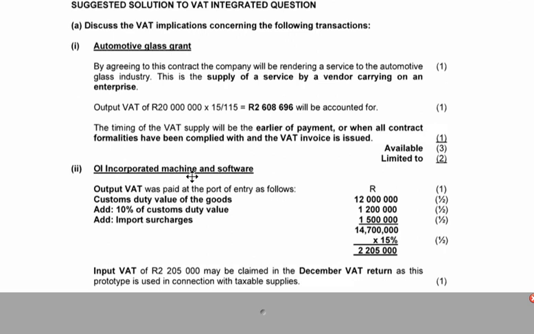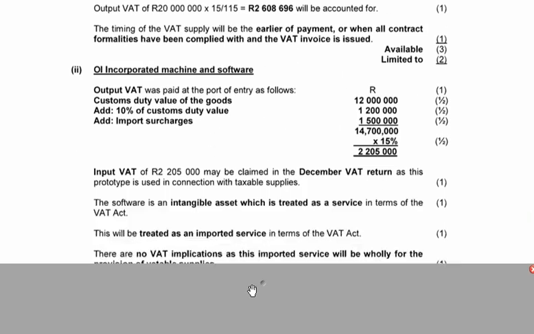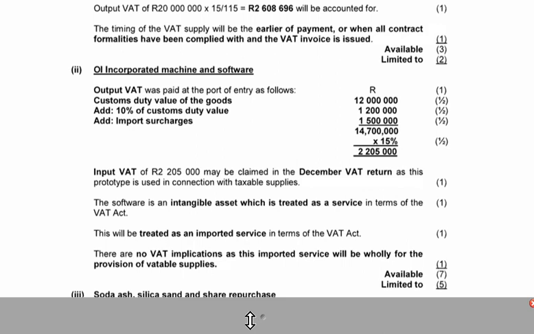The service is being imported, and because it's a fully VATable service, we would have paid output, we would have been able to claim the input, ending up in a net null position. We don't even need to do anything with SARS. There's no transaction to take place. So there would be the 3 marks that are available for the service that you could do. Imported service, no VAT implications.